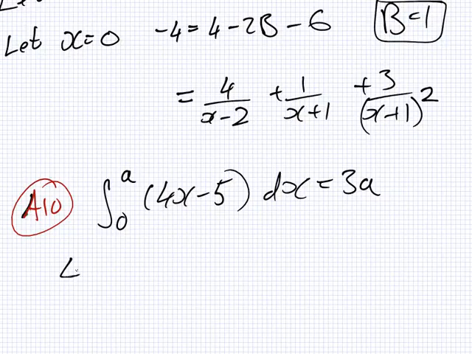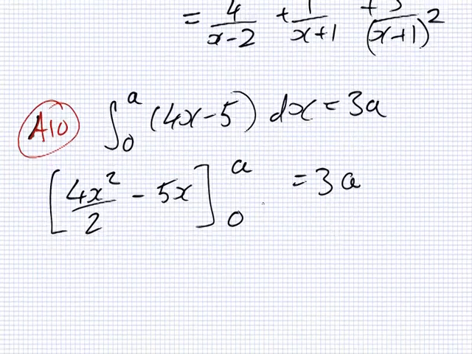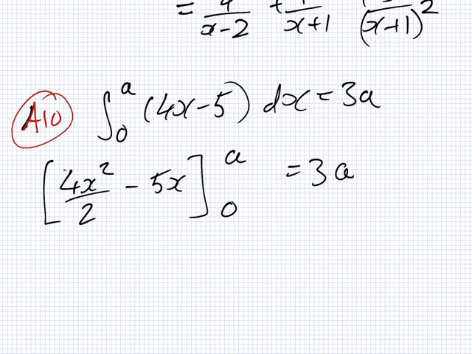Okay. Right, so here we get 4x squared over 2 minus 5x, from 0 to a, equals 3a. So this becomes 2x squared.